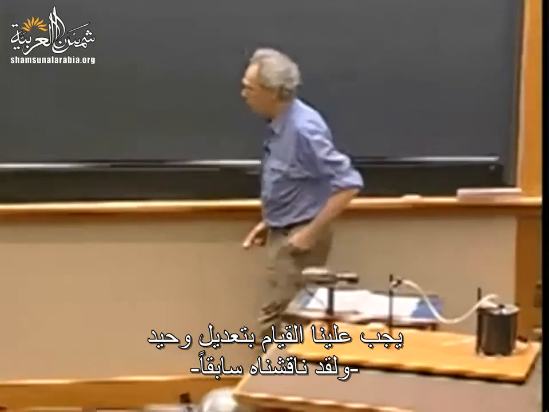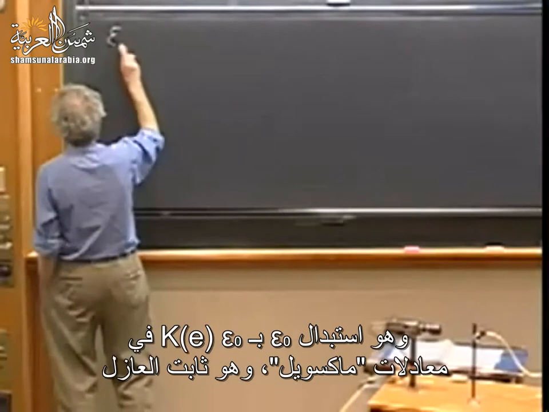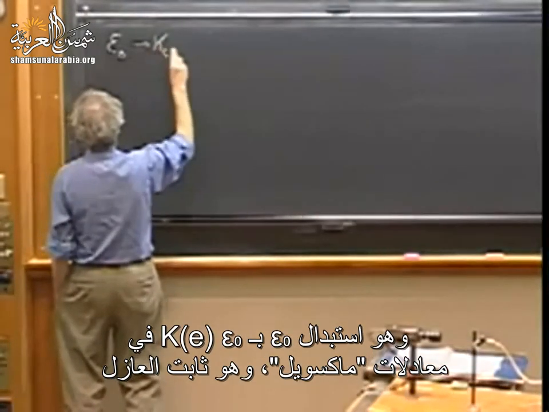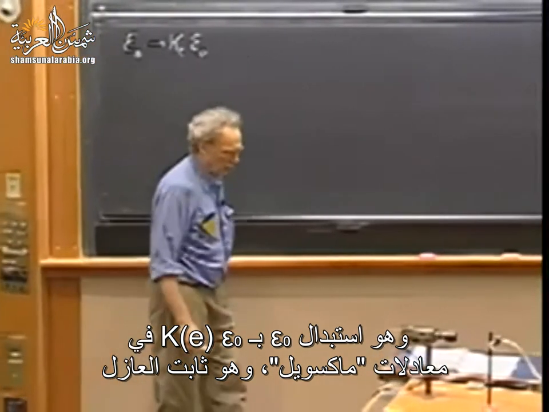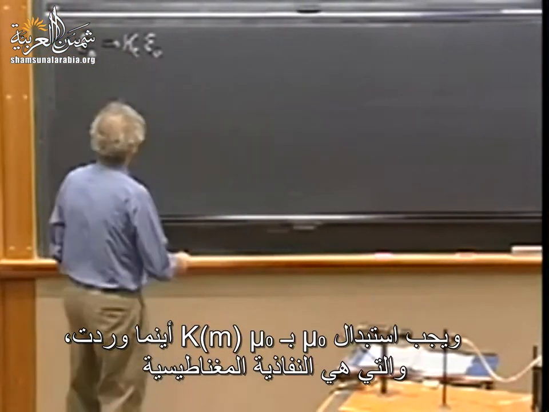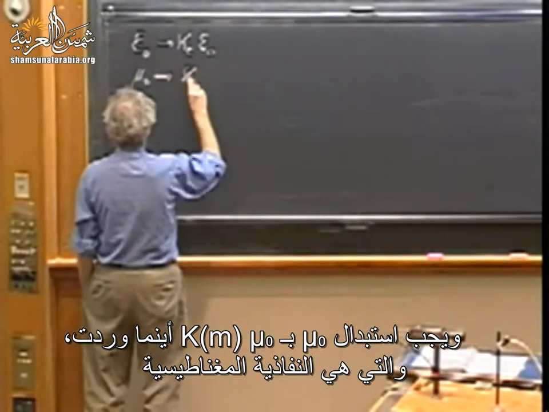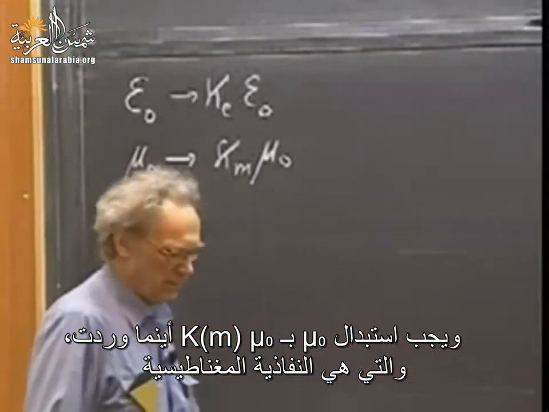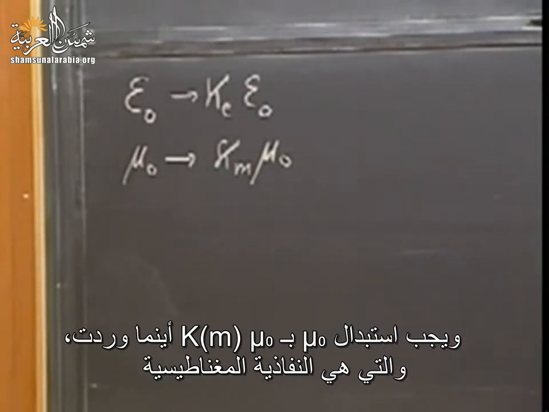One adjustment that we have to make, which we discussed actually earlier, is that wherever we have epsilon zero in Maxwell's equations, we got to replace it by kappa of E times epsilon zero, the dielectric constant. And wherever we have mu zero, we have to replace this by kappa of M times mu zero. That is the magnetic permeability.